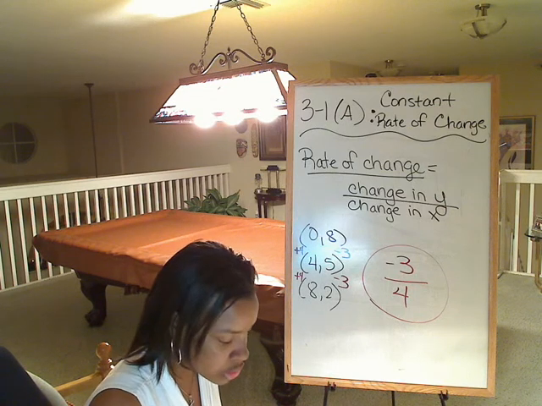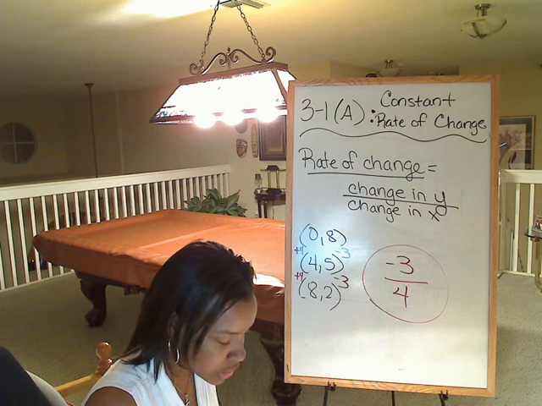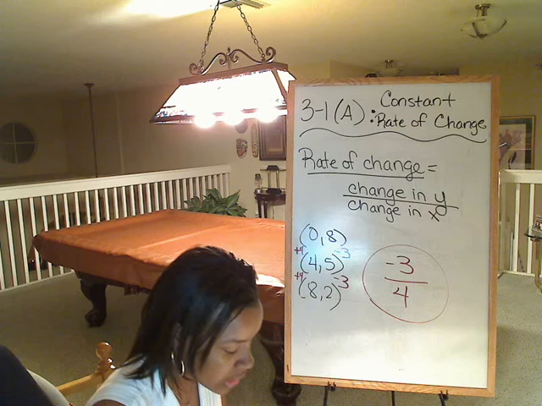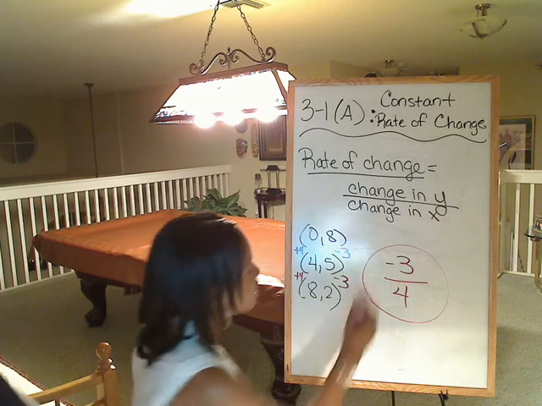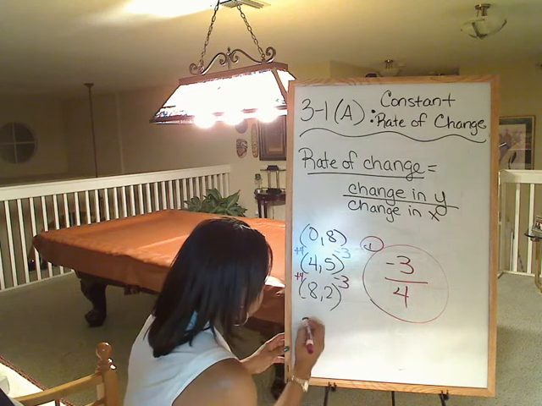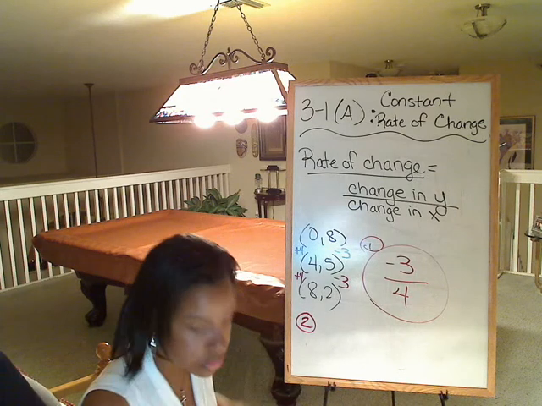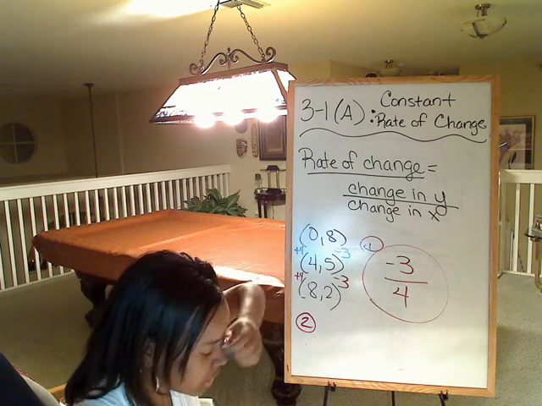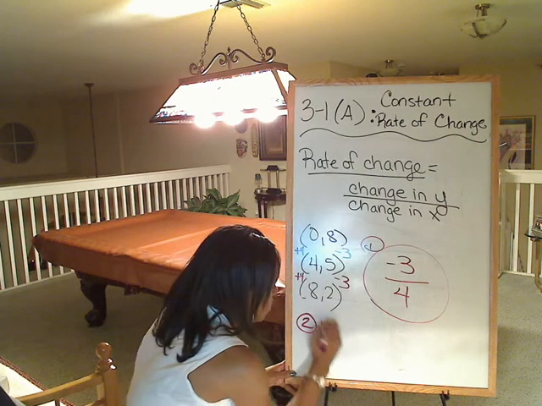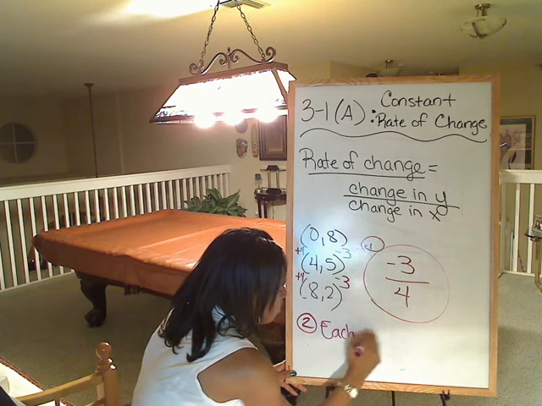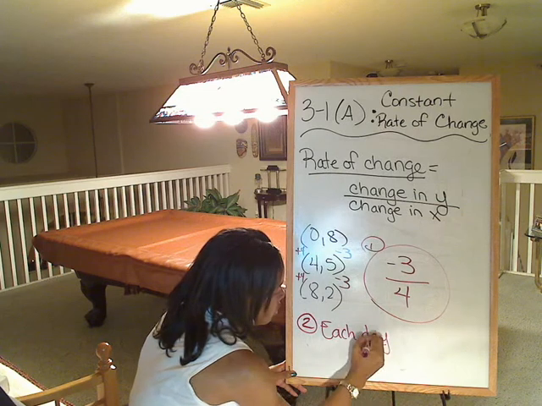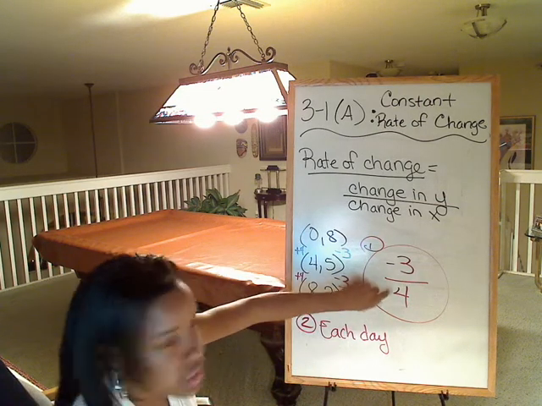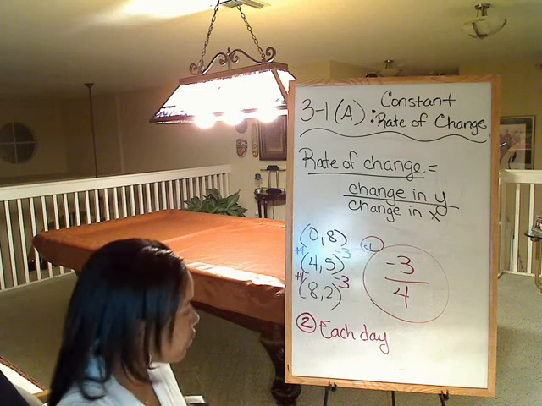Number 2 says interpret the difference between depth in inches and the day as a rate of change. This is the answer to number 1. For number 2, they want you to say what this means. Basically, each day the depth of water in the vase goes down 3/4 inches.